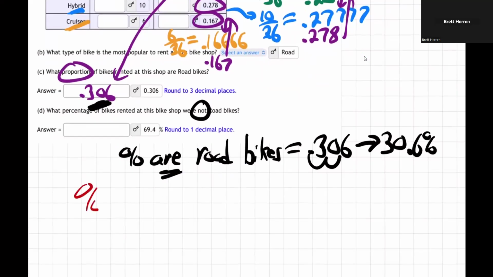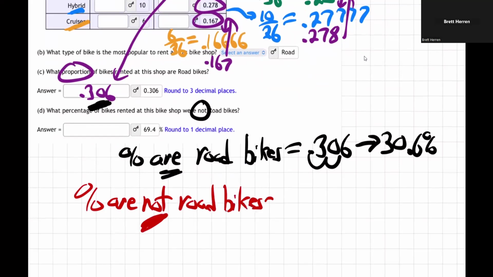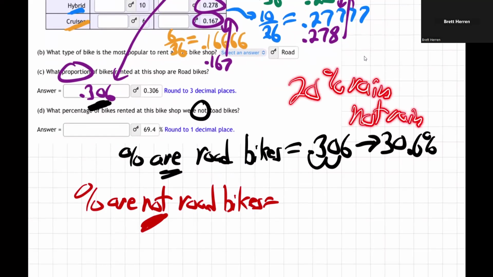So then what percent are not road bikes? Well, think about that. If I said, hey, there's a 20% chance of rain tomorrow, what would be the chance that it was not going to rain? Well, it'd be 80.